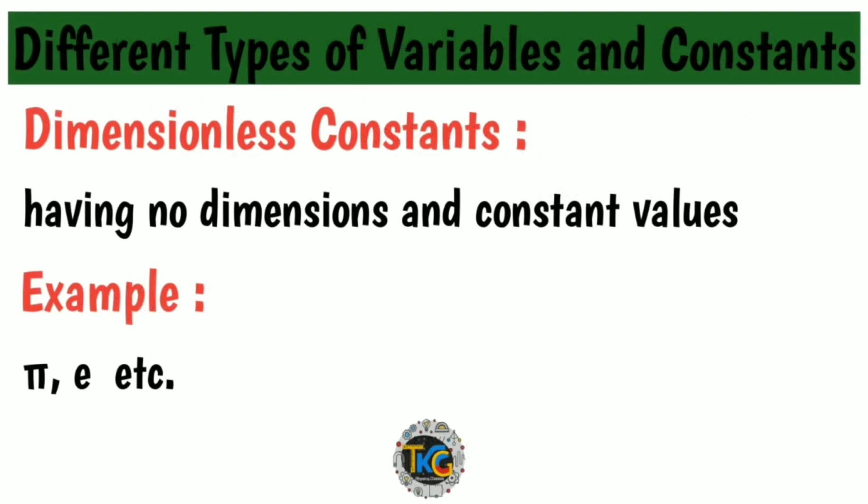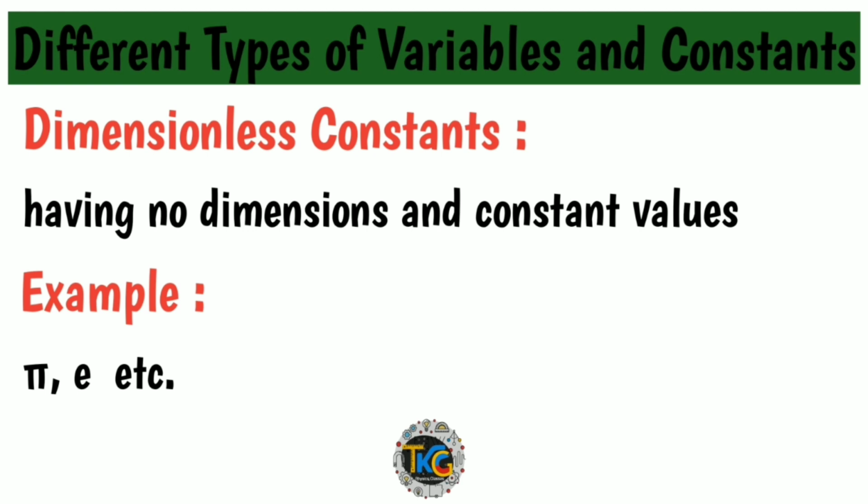And then the final form next, that is dimensionless constant. Dimensionless constant means the physical quantities which have no dimension but whose magnitude value is constant. Suppose pi is a dimensionless constant because it has no dimension and its magnitude value is 22/7.